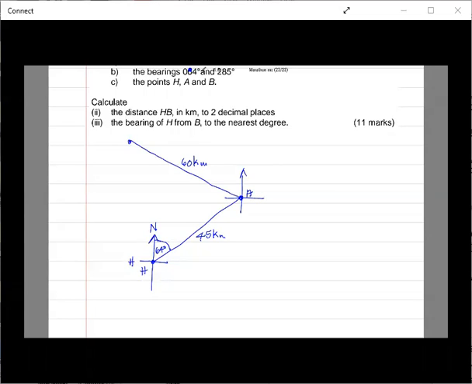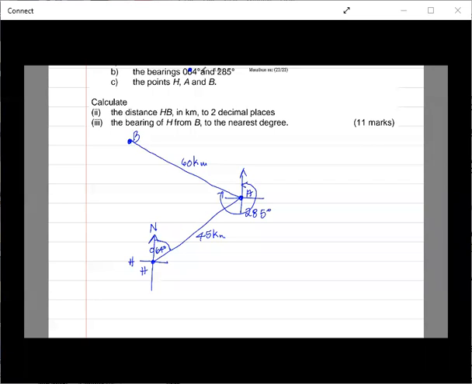And this is to the point B. The angle there is 285 degrees. So this is my sketch of the journey. 45 kilometers on a bearing of 64 degrees. Then you change the direction for 285 degrees to B, and B is 60 kilometers away from A.